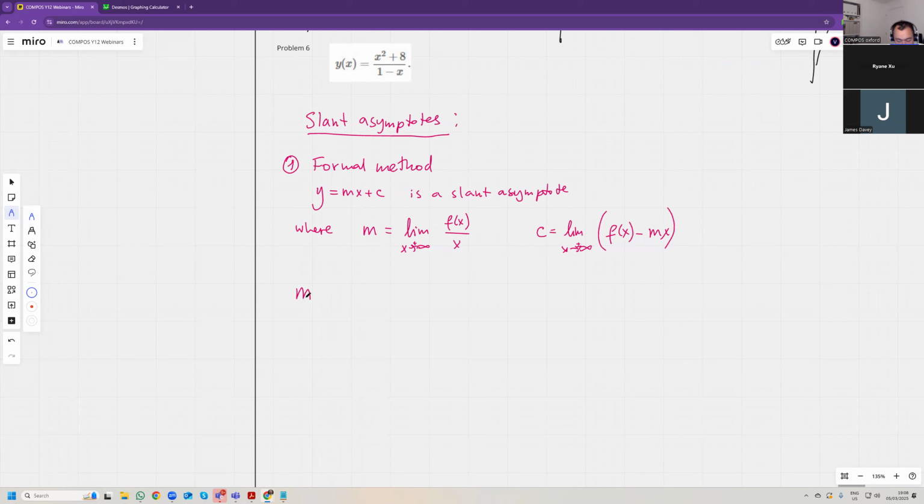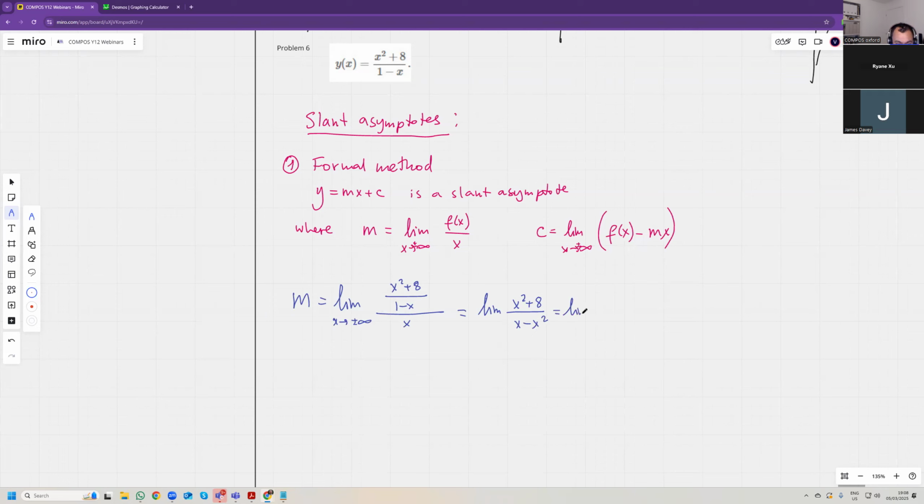m, to find the slope of the slant asymptote, we find the limit of f of x, so x squared plus 8 divided by 1 minus x over x, as x tends to plus or minus infinity. If you do that, it becomes the limit of x squared plus 8 over x minus x squared.